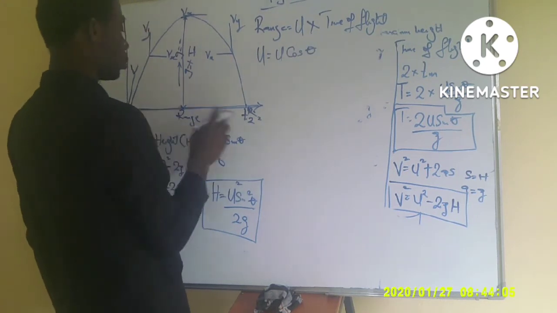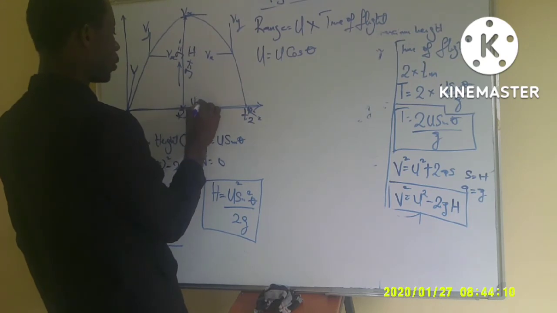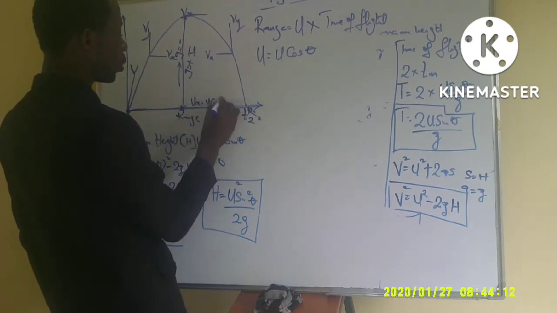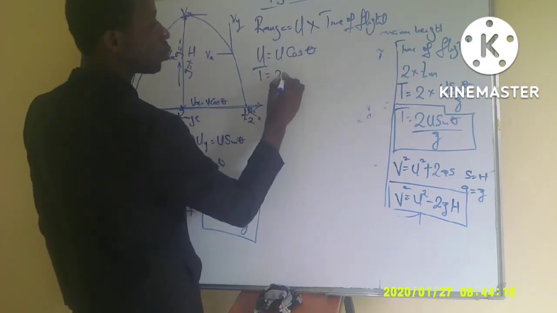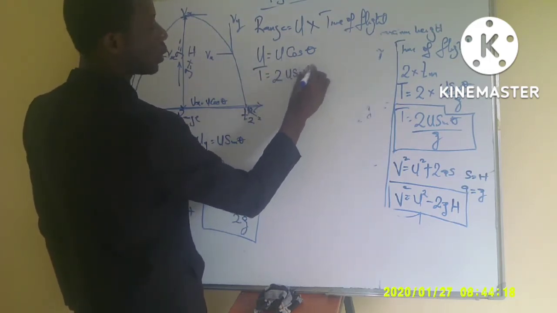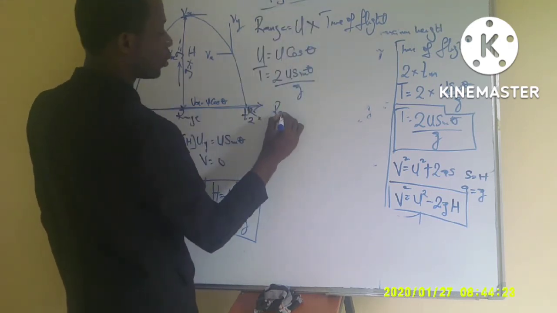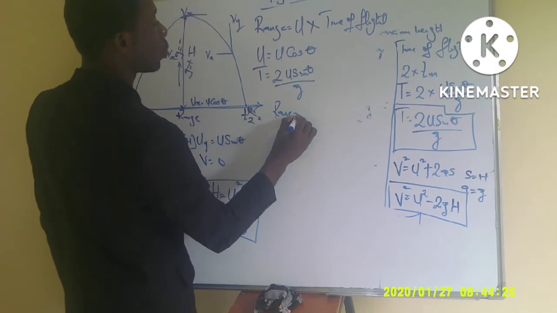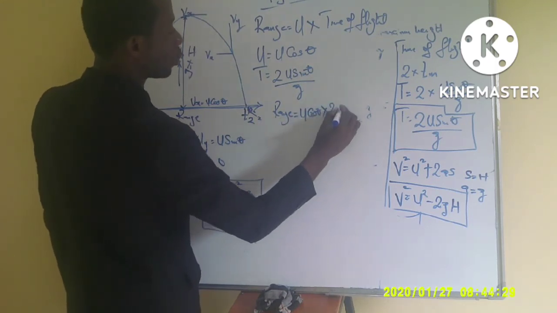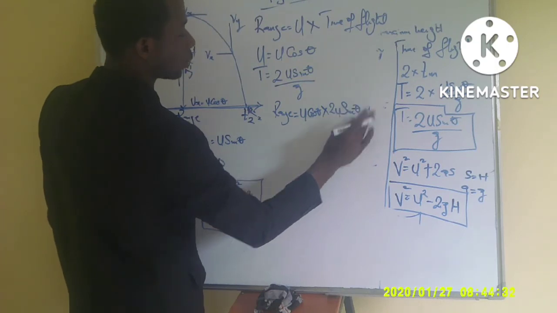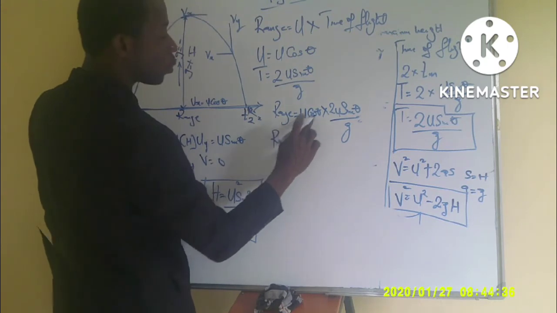I told you when it is at horizontal level, from this point to this point, ux is equal to u cos theta. So what is the time of flight? Time of flight is 2u sine theta over g. So let's substitute into the equation. The range is equal to u cos theta times 2u sine theta over g. So let's multiply this.